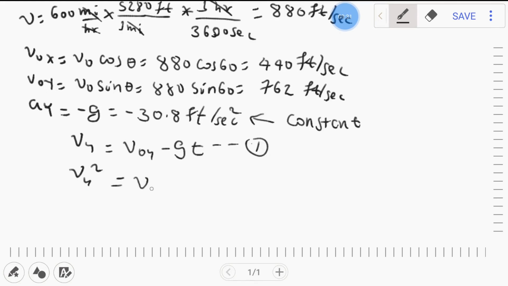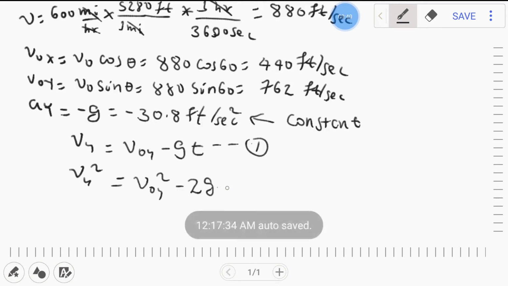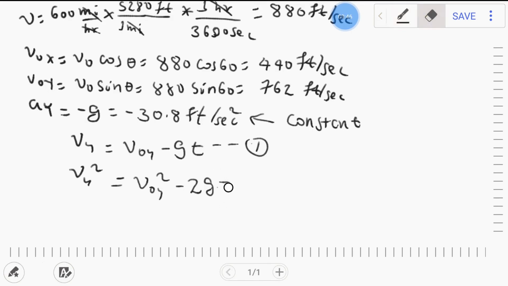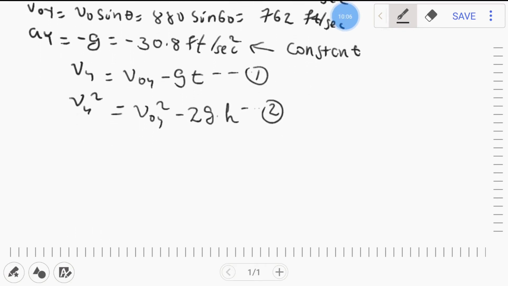The next equation can be written as v squared equals v naught y squared minus 2 g h, because s is now h and the acceleration is minus g. By using these two equations, we can now solve for the required parameters.